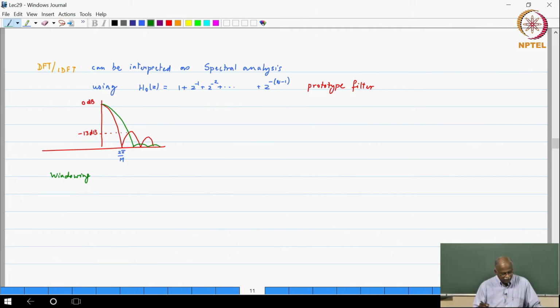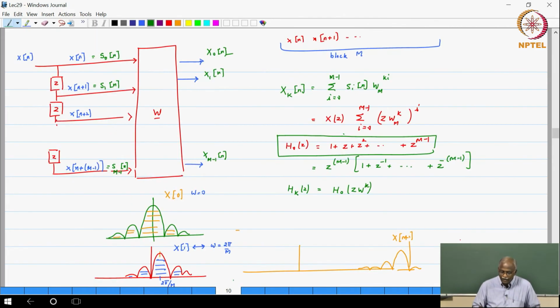How would this actually look like in the DFT structure? What would happen is you would introduce a multiplier here.